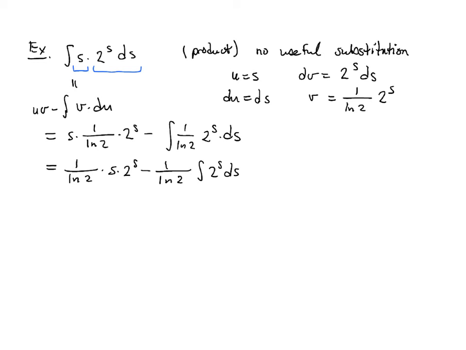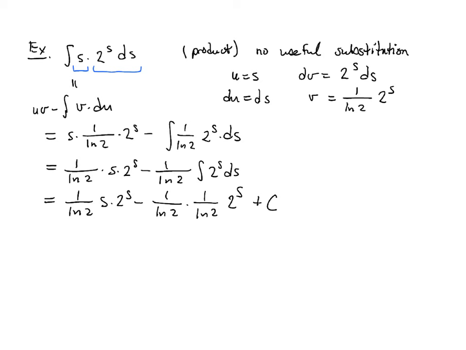I see that the only thing that I have left to do is to find the antiderivative of 2 to the s ds, which I've already done. So we can complete this, and here I add a big plus c.